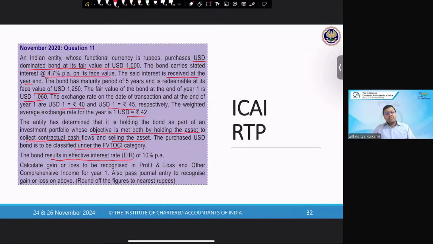If I look from a bank's perspective, the bank also has innumerable investments. You are aware there is something known as statutory liquidity ratio, SLR, and cash reserve ratio, CRR, right? As part of SLR and CRR requirements, the bank is required to park a portion of its liquidity into certain specified instruments. Suppose all of us have fixed deposits with the bank.